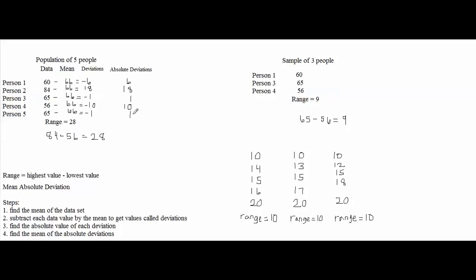To get the mean of the absolute deviations, we just add these 5 numbers and divide the total by 5. We're pretty much just finding the mean of this list of numbers right here.